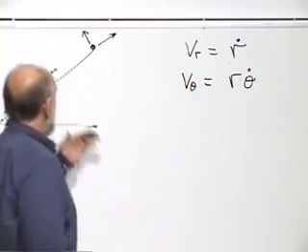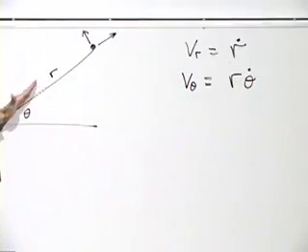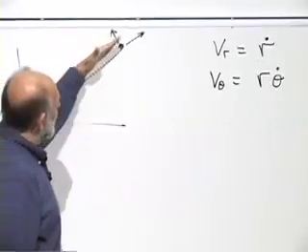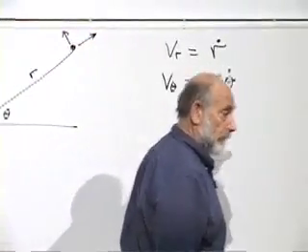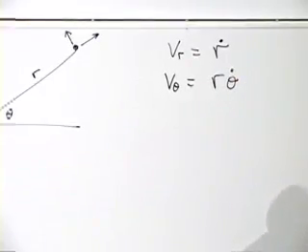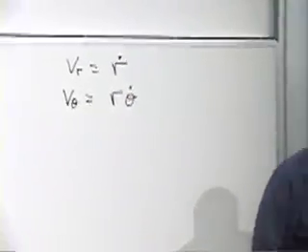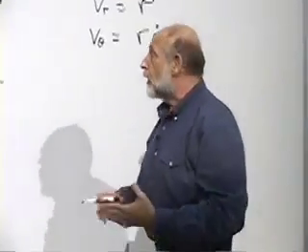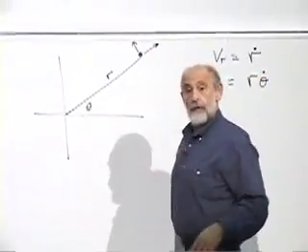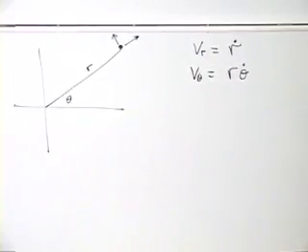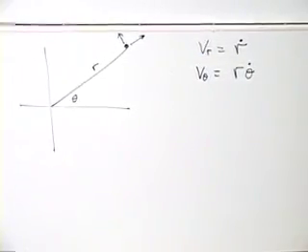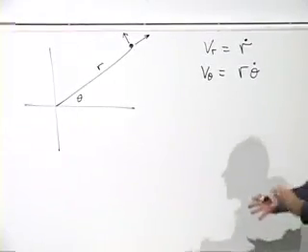Why? Because a given rate of change of the angle will correspond to a larger velocity the further away you are. A given angular velocity, theta dot, will give you a larger overall velocity the further away you are, proportional to r. So these are the components of the velocity in the 2 directions.